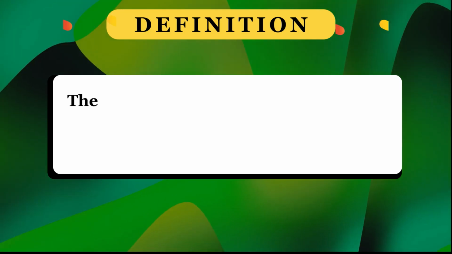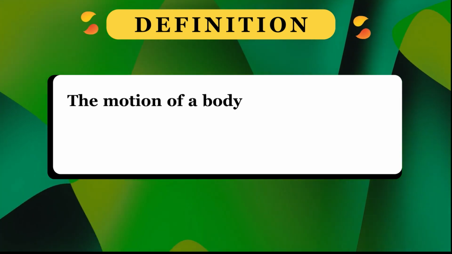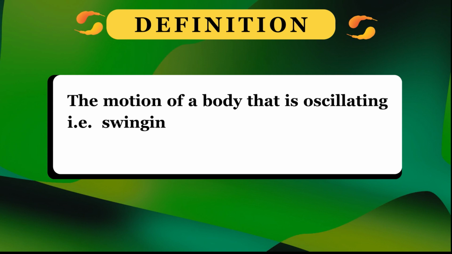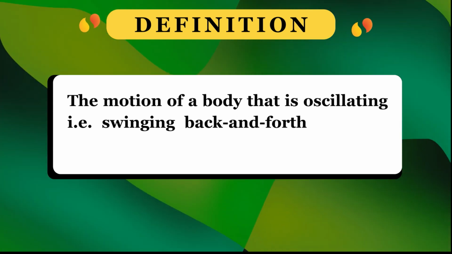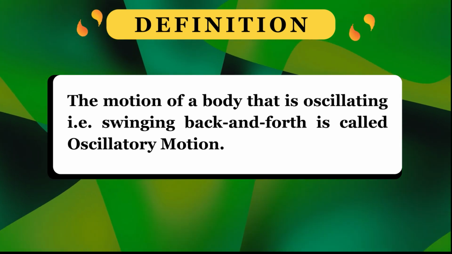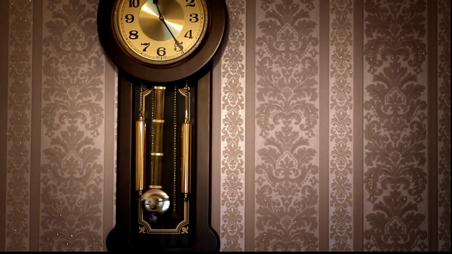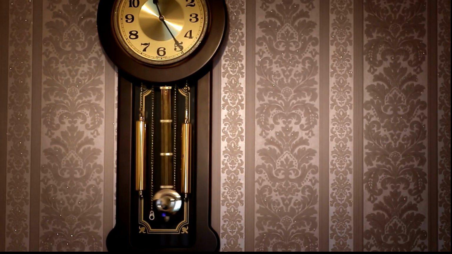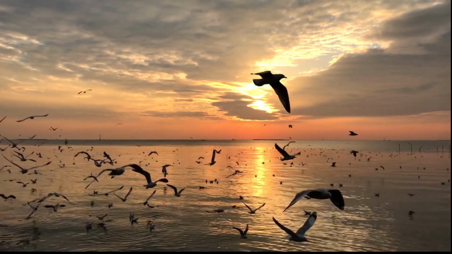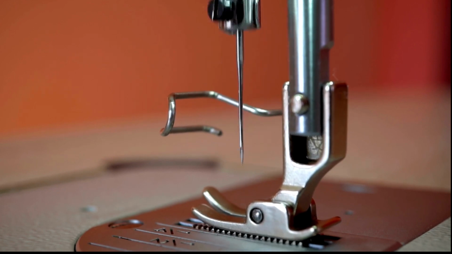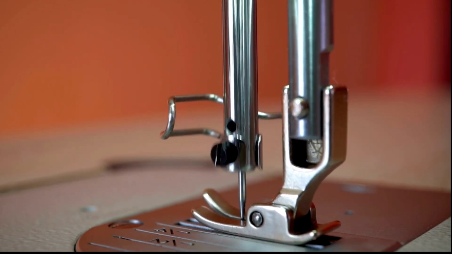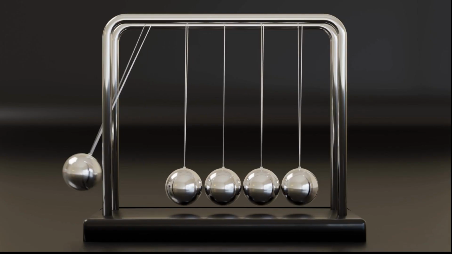The definition of oscillatory motion is: the motion of a body that is oscillating, that is swinging back and forth, is called oscillatory motion. For example, the movement of the pendulum of a clock, the wings of a bird, the needle of the sewing machine are also examples of oscillatory motion.